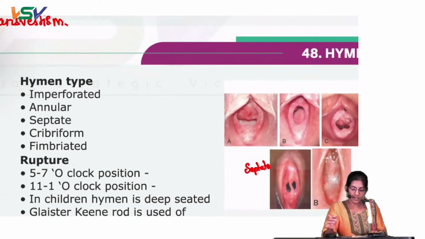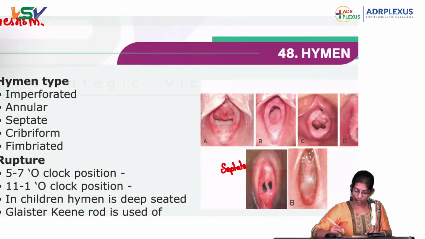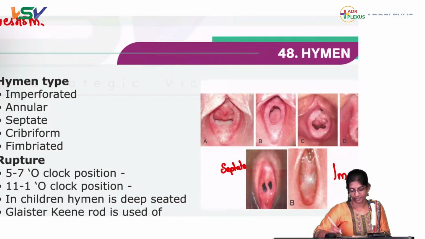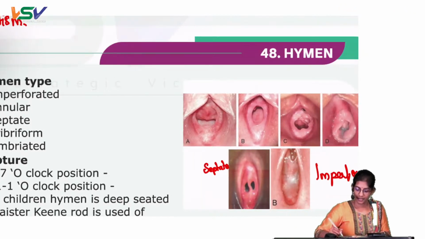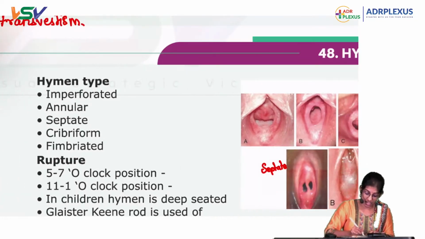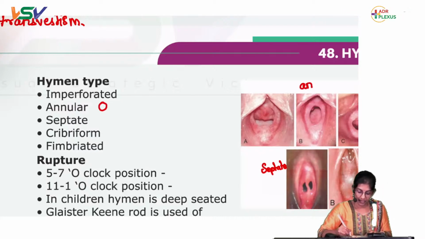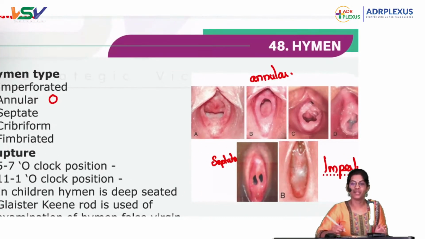All right. The types are imperforate. So it is not perforated. No hole is there. Imperforate. Then it can be annular, which means it is just round, right? It can be fimbriated.